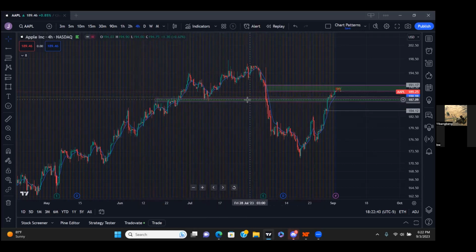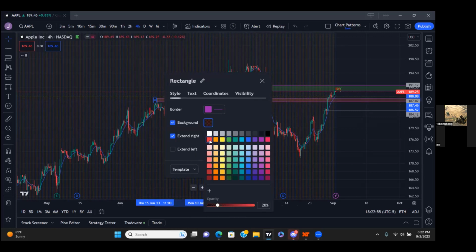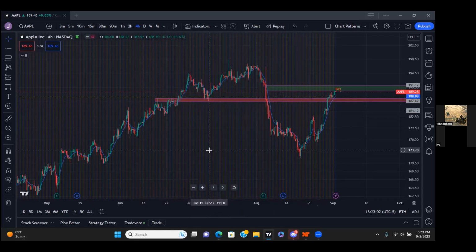You could double click it, or once you see the highlighters come up, then double click it. There we go. Perfect.